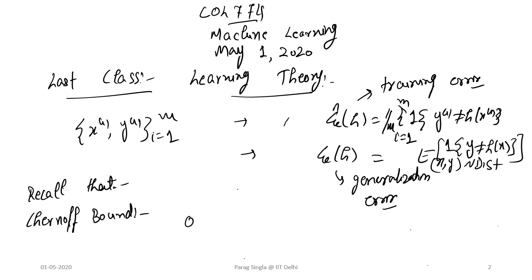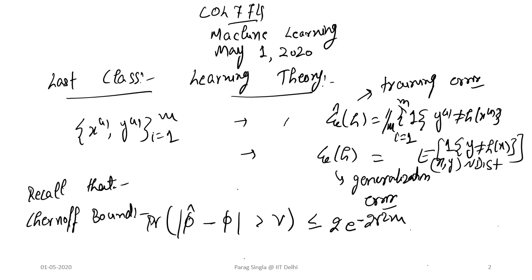We said the probability of |phi hat minus phi| being greater than some quantity gamma is less than or equal to 2 e to the minus 2 gamma square m.